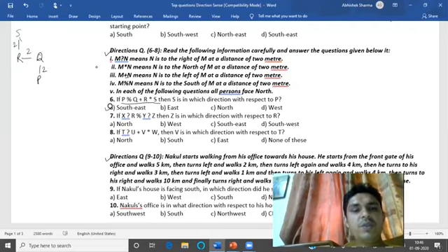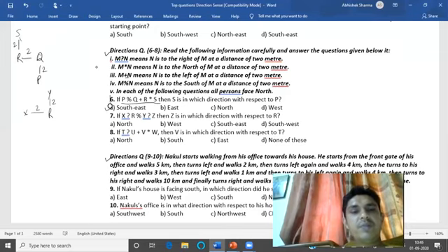So this will be X and R is to the right of X at 2 meter, and thereafter percent means south at a distance of 2 meter. That means Y is to the south of R at a distance of 2 meter.